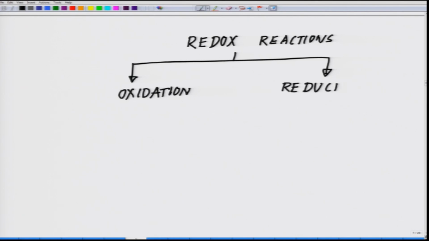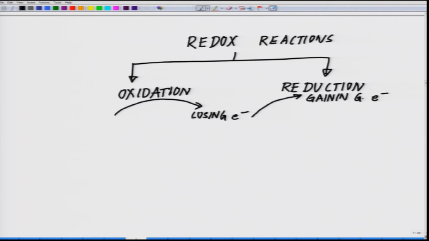Fine. Now, when we talk about oxidation, we are essentially talking about somebody losing electrons, whereas reduction is somebody gaining electrons.